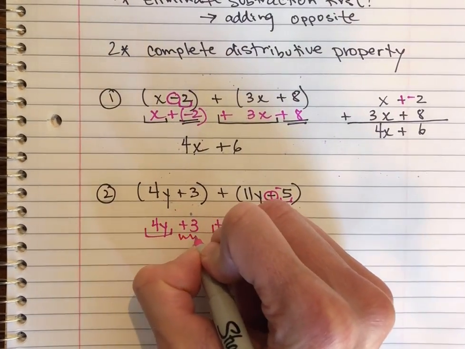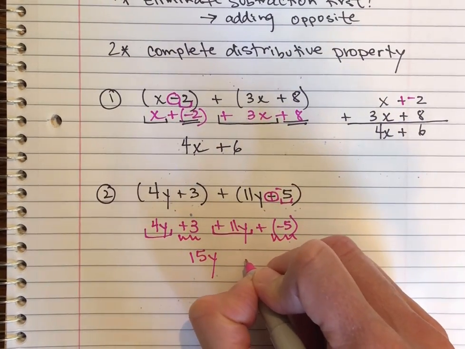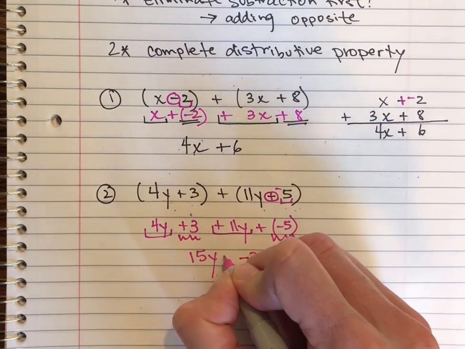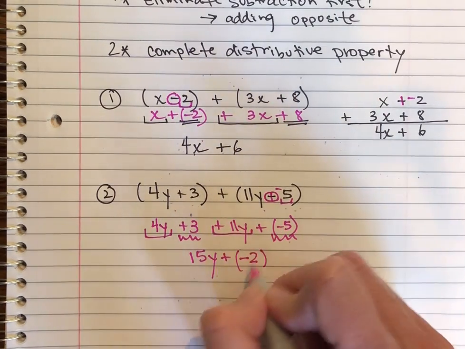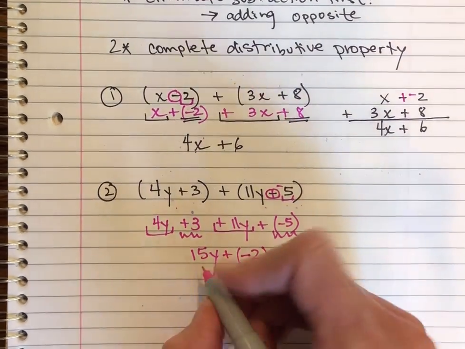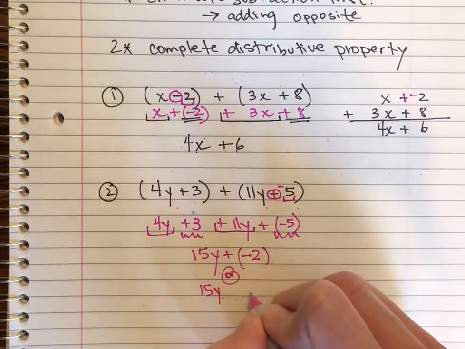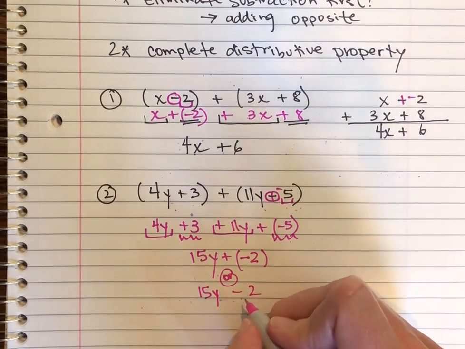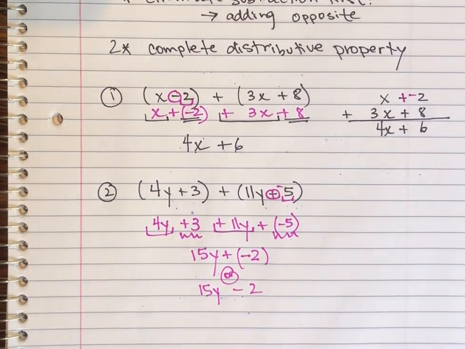I have 3, I owe 5, which means I still owe 2. So I can show it as plus, because these were all addition symbols, -2. You can also simply write it as 15y minus 2, because subtracting 2 and adding -2 are the same thing.